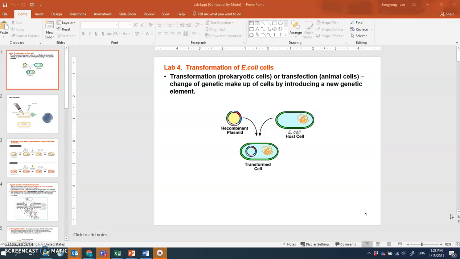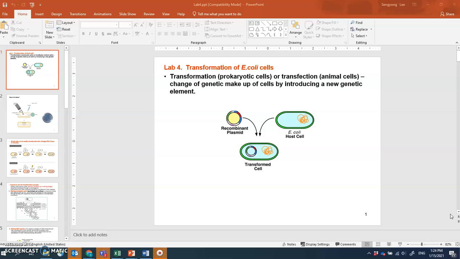And there's another word called transfection. When you do the similar process in eukaryotic cells, especially animal cells, instead of saying transformation, you call the process transfection. So transformation of E. coli cells is similar to the transfection of animal cells.